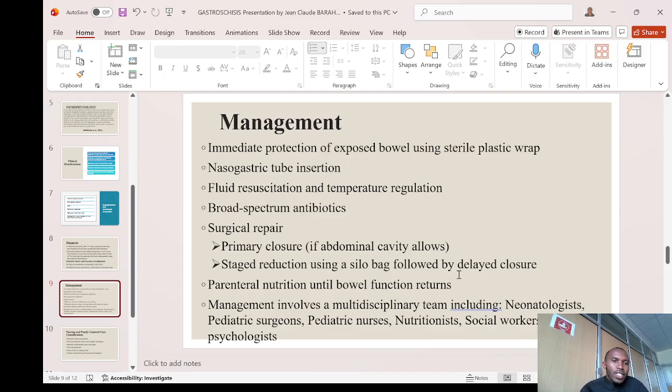What you do next is insert a nasogastric tube, because babies with gastroschisis have bilious vomiting. You insert the nasogastric tube mainly for two reasons. First, it will help you decompress the bilious content in the abdomen. Number two, it will help remove the air entering the abdomen.